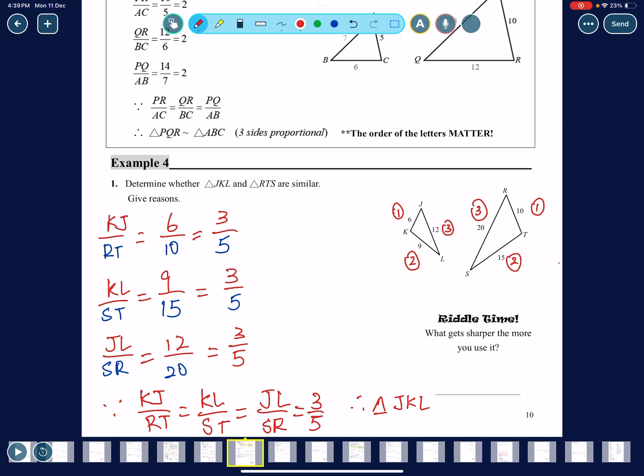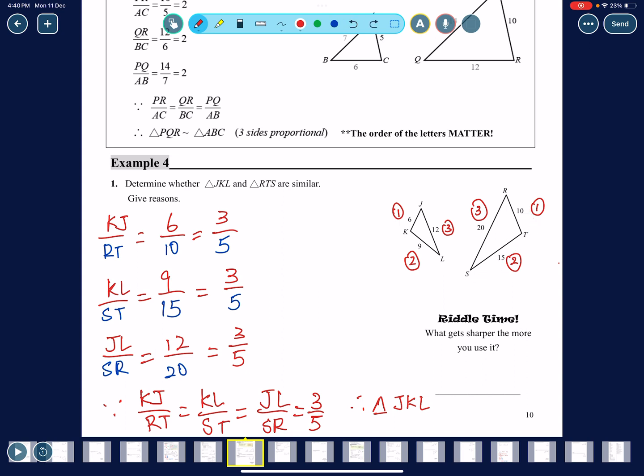JKL. This is where the numbers come into place. You're starting from J, going to K, passing by the smallest side, the number 1. And then you're going to L, so you're passing by the second, the number 2. You have to do the same thing on the other triangle. If you want to pass by the smallest one, you can go this way or this way, but we have to go through 1 and then 2. So most likely your route has to go from R to T and then to S, passing by 1 and 2.